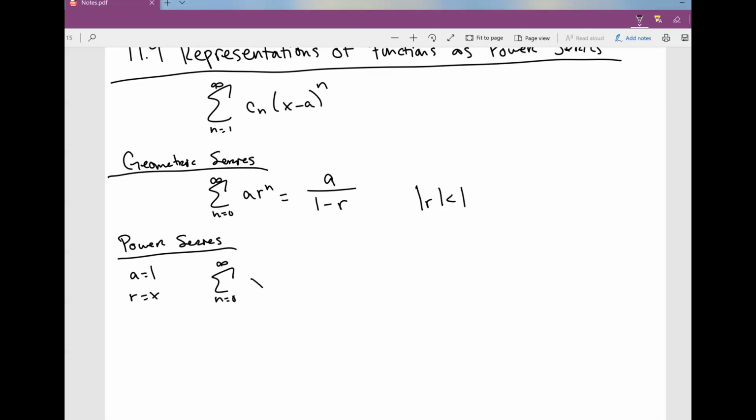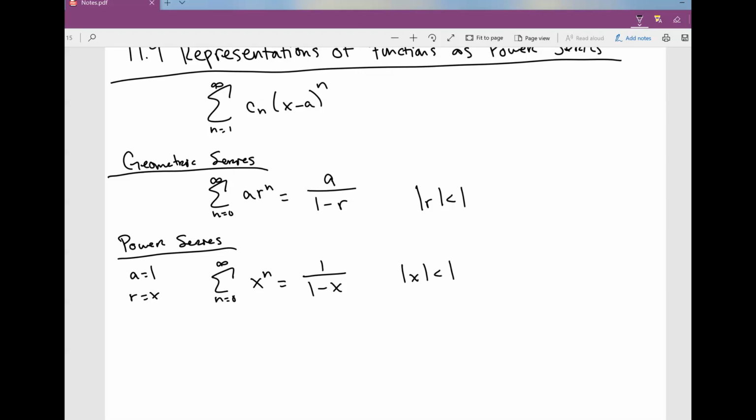We have the sum of x to the power of n equal to 1 over 1 minus x, provided that the absolute value of x is less than 1. So basically, this series, x to the power of n, is equal to 1 over 1 minus x, provided that the absolute value of x is less than 1.